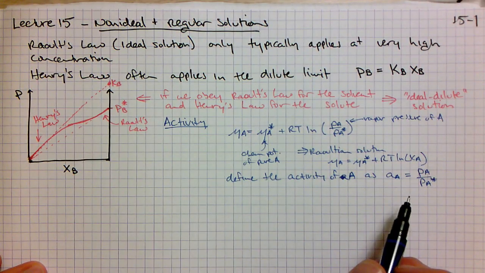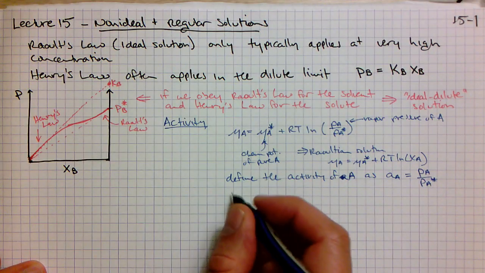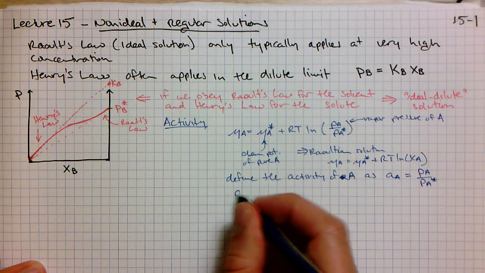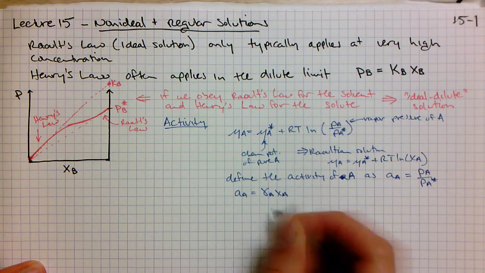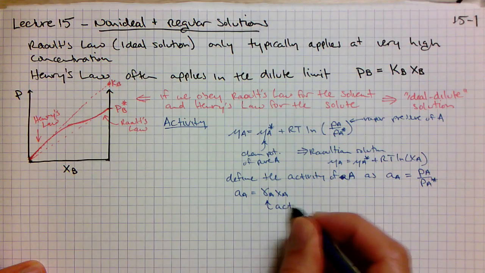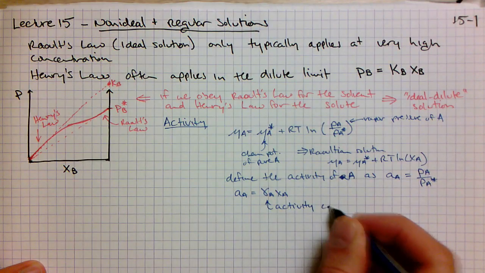And we're going to define an activity coefficient by saying that A sub A is equal to gamma A times XA, where gamma A is the activity coefficient.